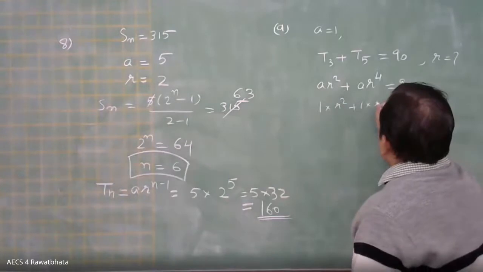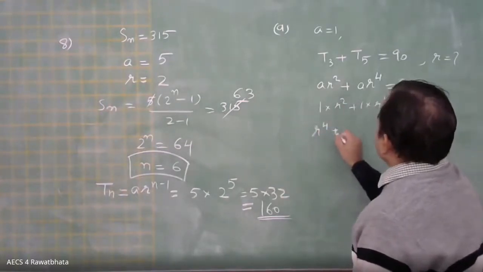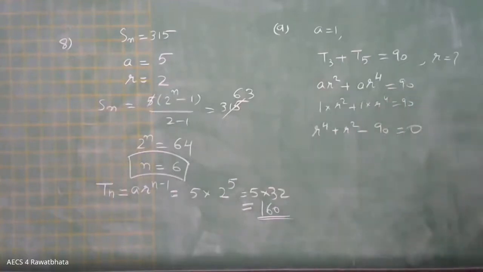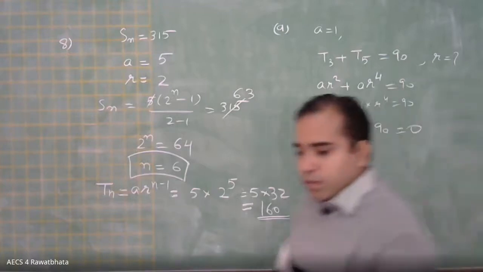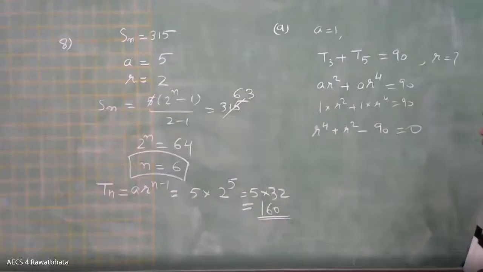Now tell me the factorization. If I take all the things on one side, what is the factorization of it? Students? Ayushi, what factors will we get from factorization? 10 or 9. Sir, R equal to 10 plus or minus 3.